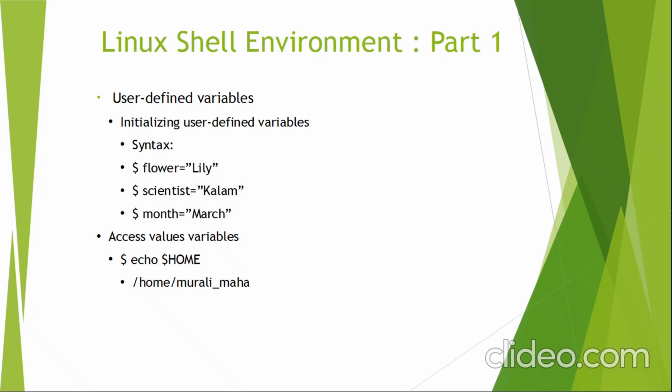If so, it gets its value. It replaces the dollar HOME with the value, which is nothing but the absolute path /home/Murali_Maha. So when we are echoing it, its value would be displayed. Similarly for the user-defined variable: when we give echo dollar flower, it gets the value of the variable flower and the echo command displays it.